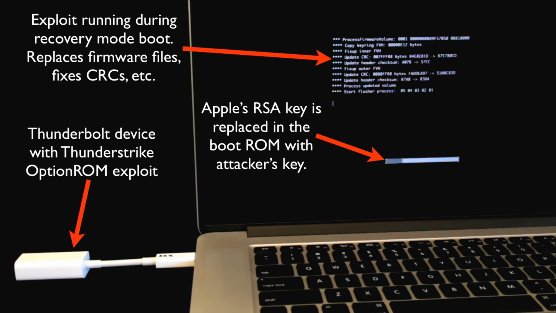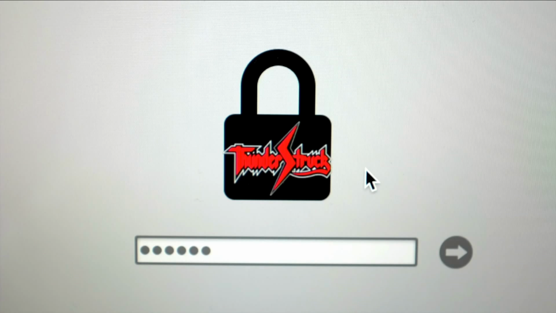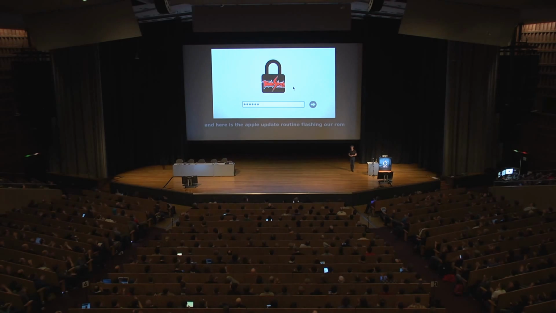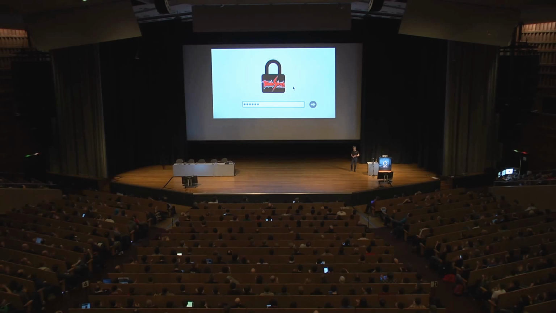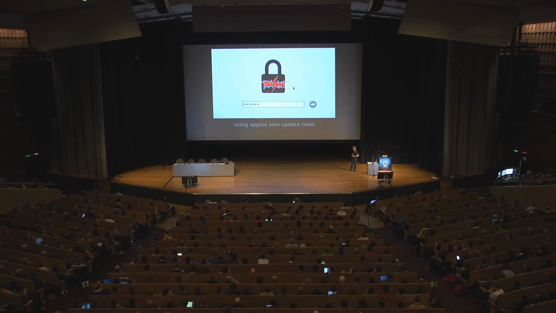And now here is Apple's own firmware update routine, flashing our option ROM with our RSA key into the boot ROM on the motherboard. And once that's done, we now own the system, and we can flash whatever we want using Apple's own update tools. And all exploits also get logos, and I think theme songs and websites now.